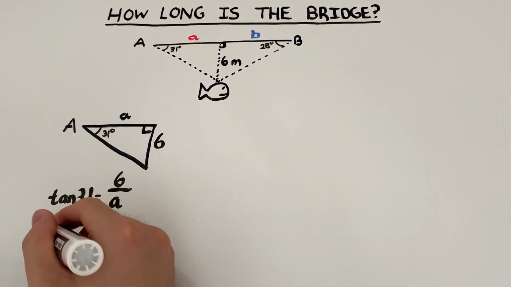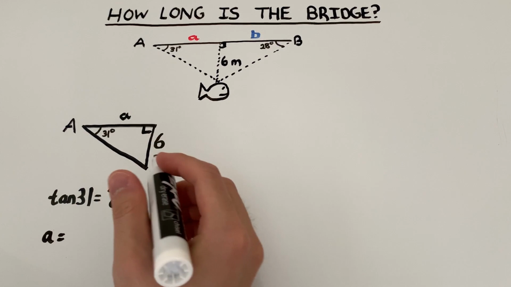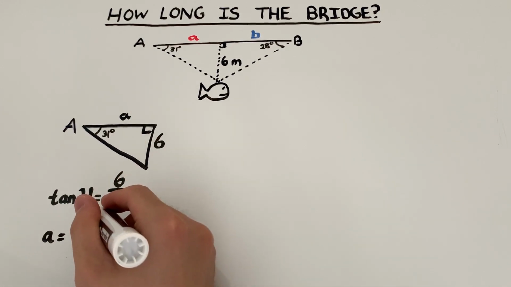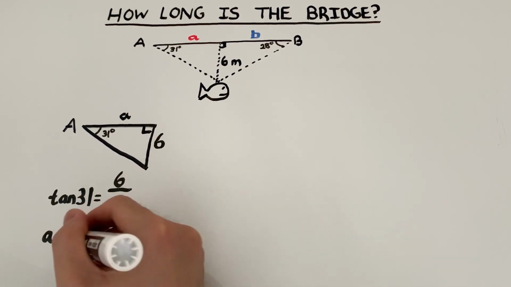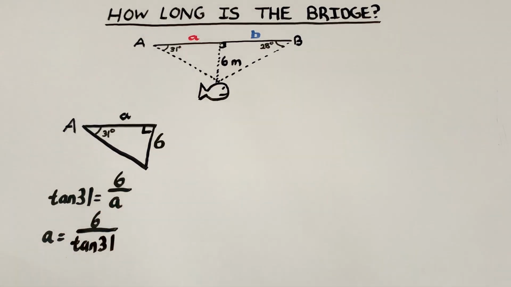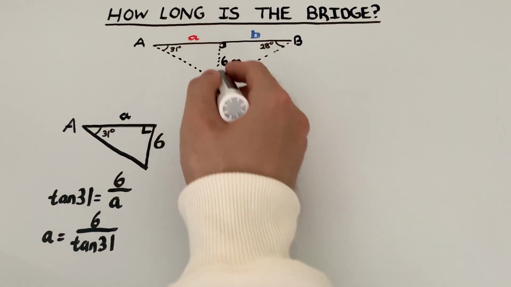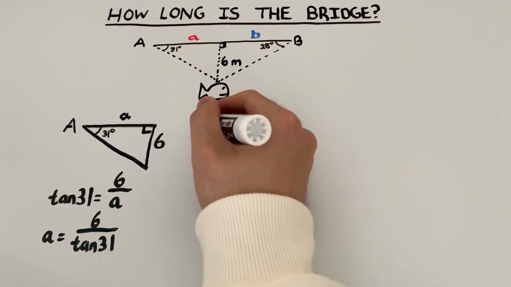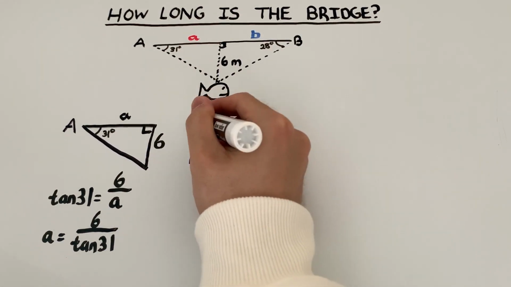This means A is equal to 6 over tangent 31. Nice. Let's keep that in mind. Now let's move on to the other triangle over here, the one with B as a side length.